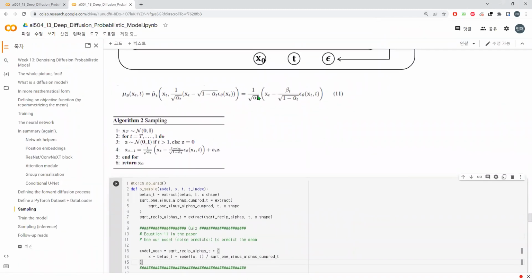It is square root of reciprocal alpha t, times parenthesis x_t minus beta t divided by square root of 1 minus alpha bar t, multiplied by the model's predicted noise. This is the predicted model mean.